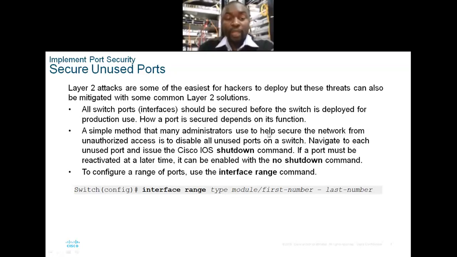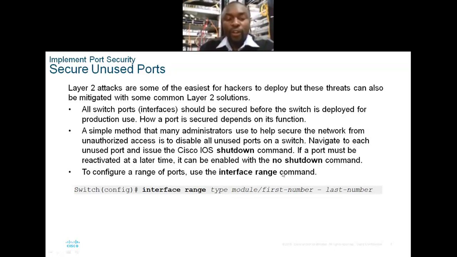A simple method that many administrators use to help secure the network from unauthorized access is to disable all unused ports on a switch. Navigate to each unused port and issue the Cisco IOS shutdown command. If the port must be reactivated at a later time, it can be enabled with the no shutdown command.